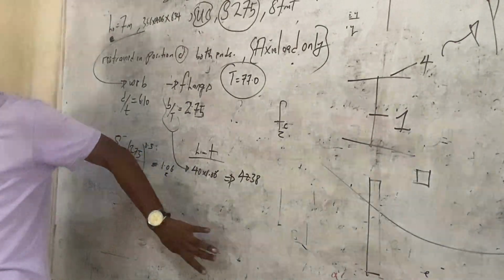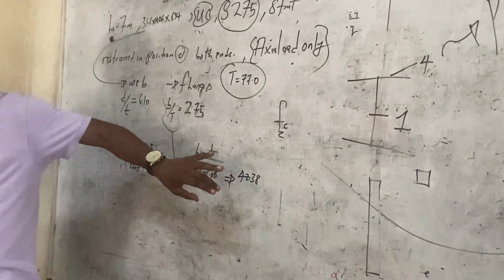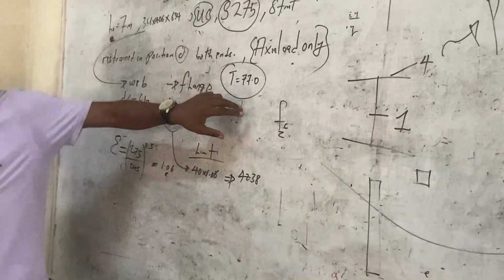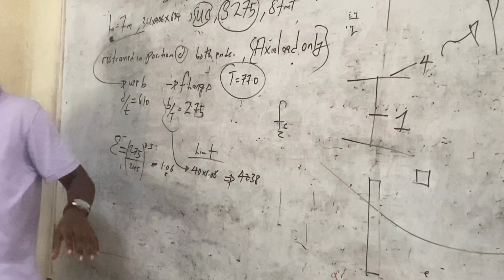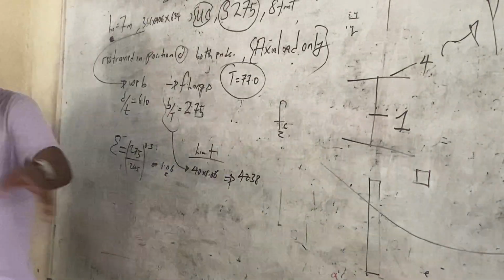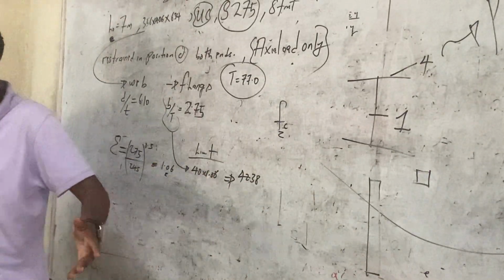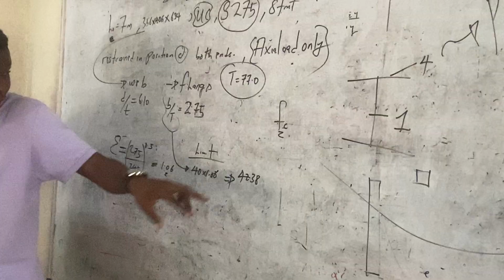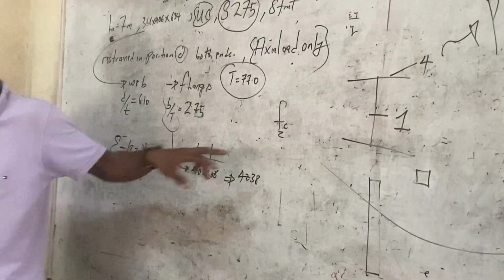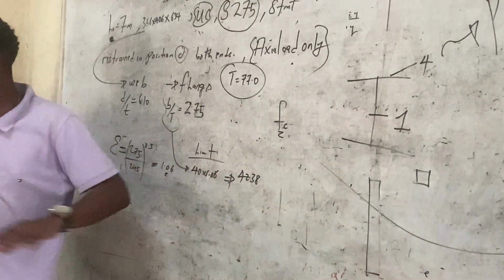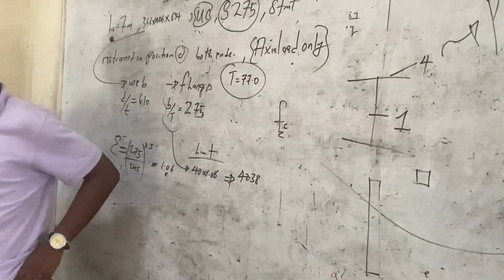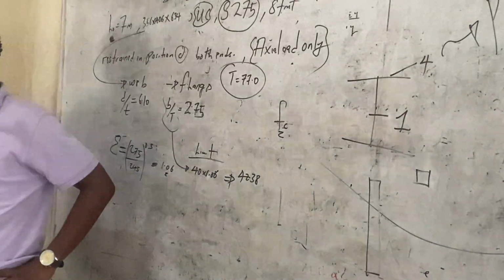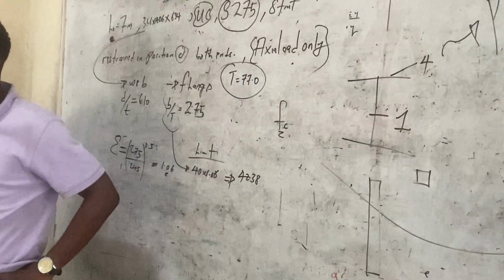So if the web is class 3, and also the flange is class 3, it means that everything will be class 3, the whole structure. And let's say eventually after doing calculation, the web is class 1, and the flange is class 3. It will still be class 3. So that's why we can just say class 3. It's not that it's the flange that actually matters.